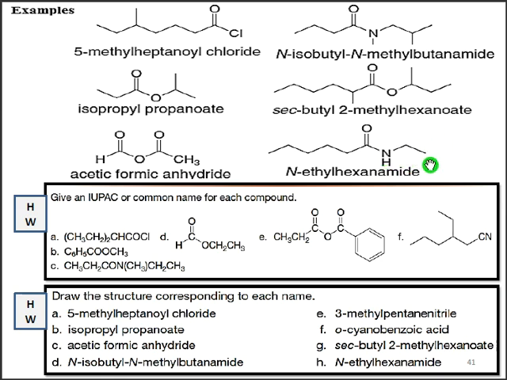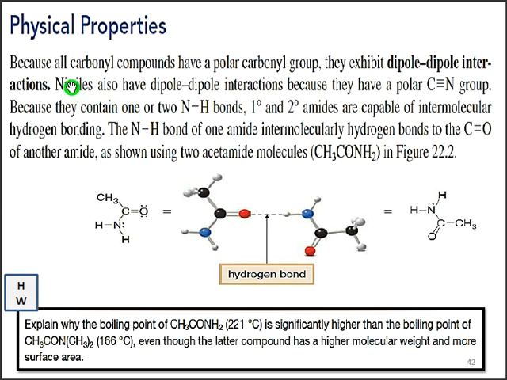On the nitrogen we have ethyl, N-ethyl, derived from hexanoic acid. It will be N-ethyl hexanamide. And try to solve these problems as homework for you.